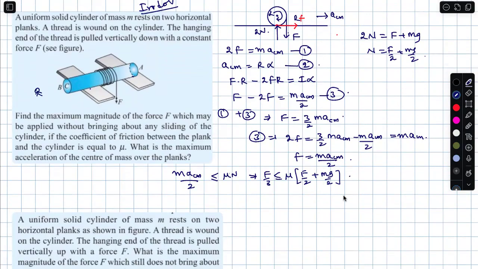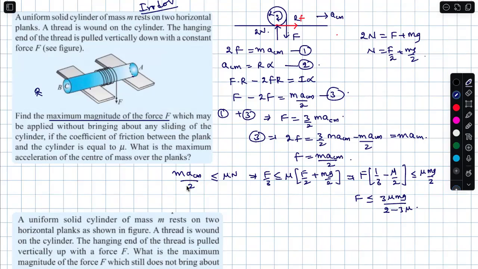They are asking for the maximum magnitude of the force F. So F into 1/3 minus mu/2 is less than or equal to mu mg by 2. So that is the maximum value of F: F less than or equal to 3 mu mg by 2 minus 3 mu.